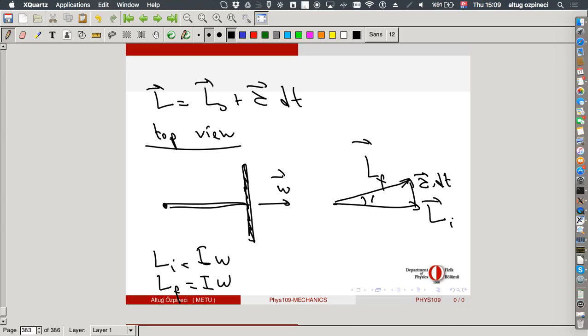Now this is, let's say, the d theta. In a very small amount of time dt, it just rotated by d theta. Now we can just look at this one. This side and this side, they are both equal to I omega.